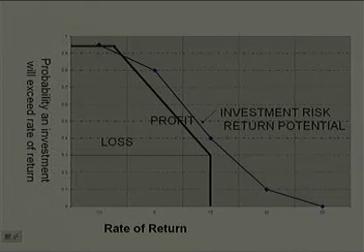The blue line is nothing but the points coming from the previous table, column 2 and column 4. Will you be able to draw this blue line, which is also known as the investment risk return potential? Yes, technology class, can you draw this curve?